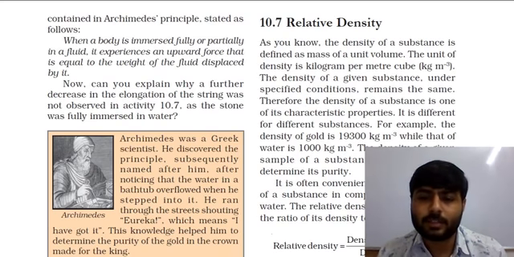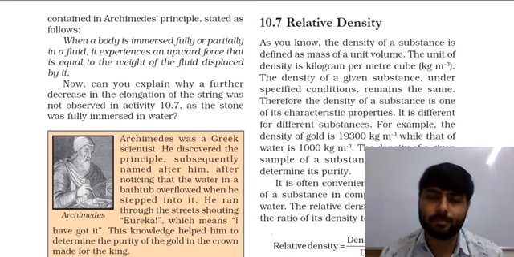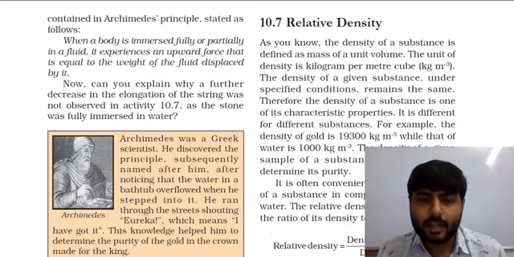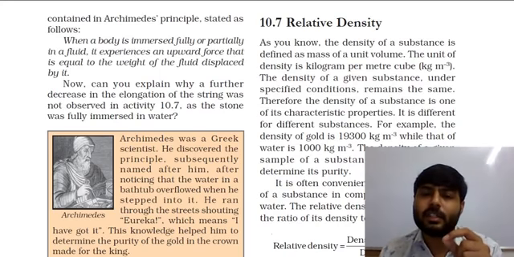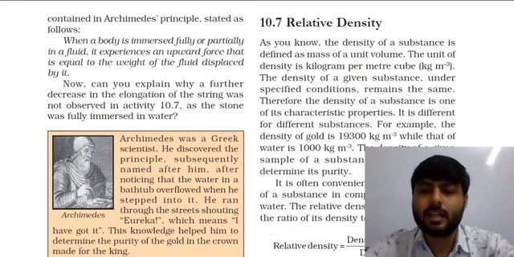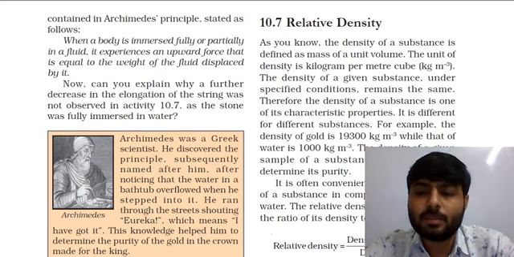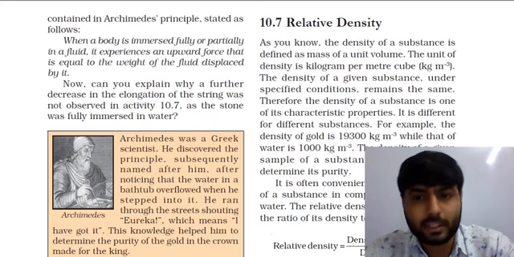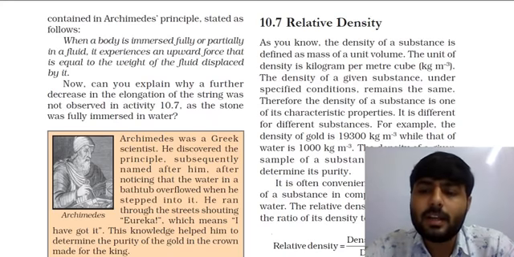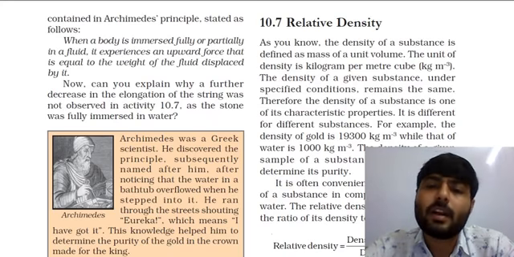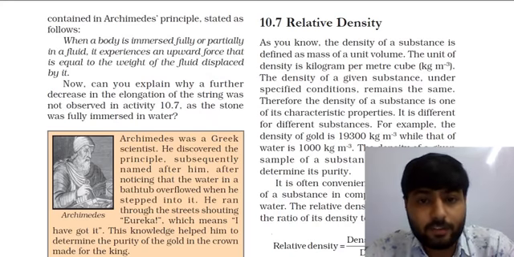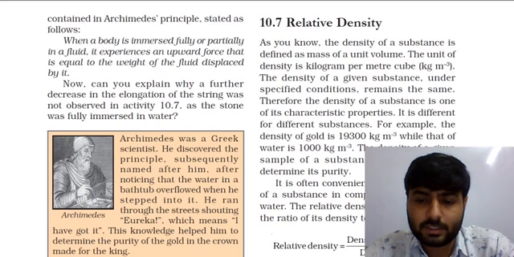The density of a given substance under a specific condition remains the same. Therefore, the density of a substance is one of the characteristic properties of an object. Density is different for different substances.